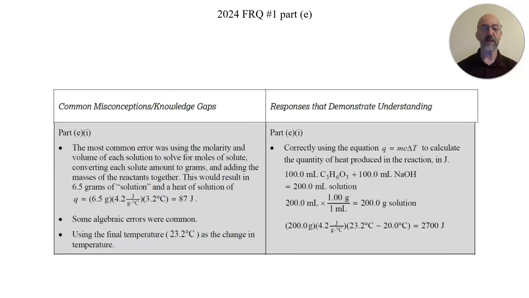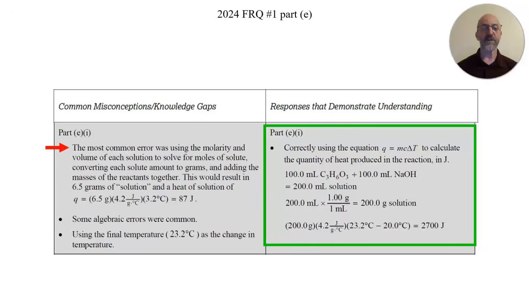Now, with respect to the common mistakes that students made, the most common error was using the molarity and volume to solve for moles of solute. So instead of considering the entire grams of the solution, students incorrectly calculated the number of grams of just the solute that was dissolved. There were also some algebraic errors, and some students, instead of using 3.2 degrees Celsius as the difference in temperature, or delta T, used the final temperature, 23.2, as the change in temperature, which was incorrect.